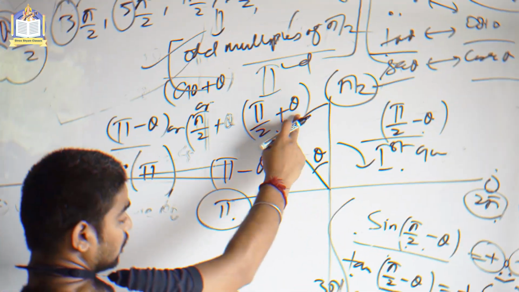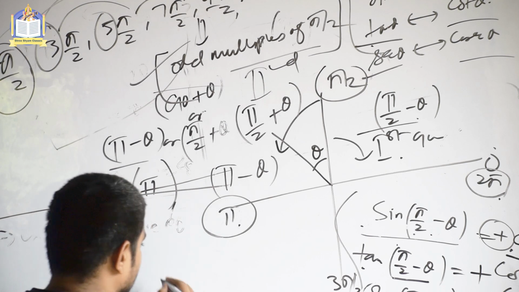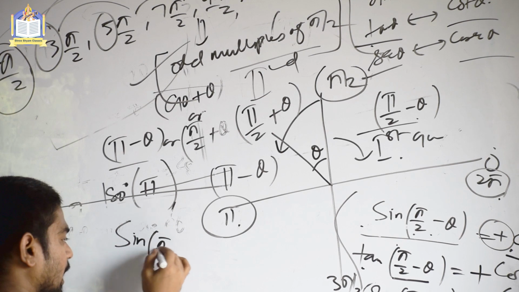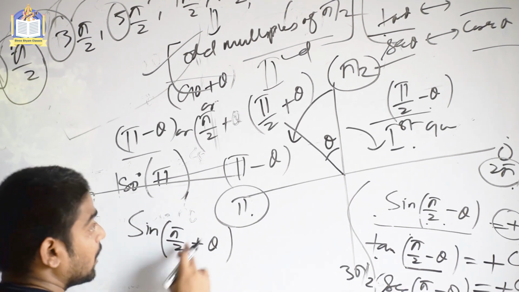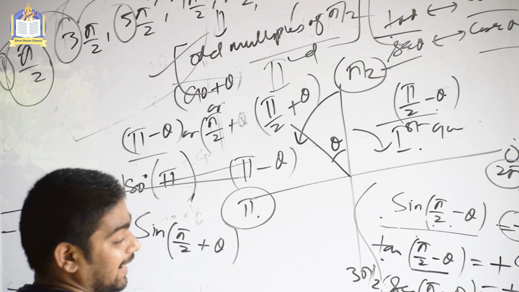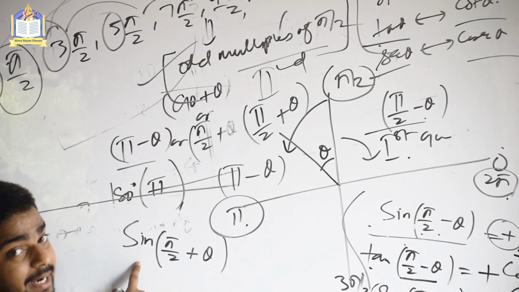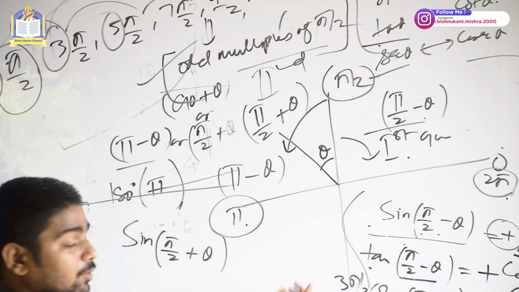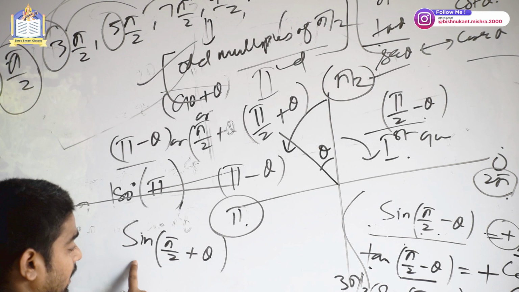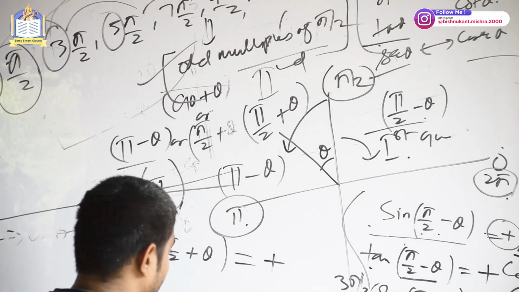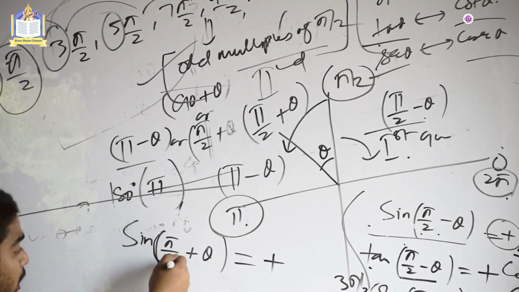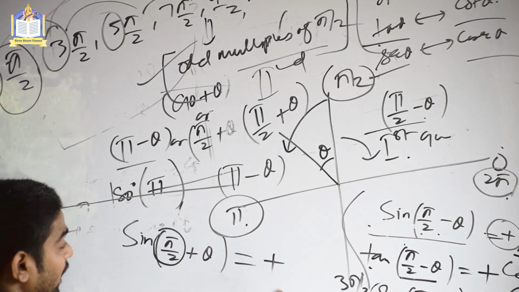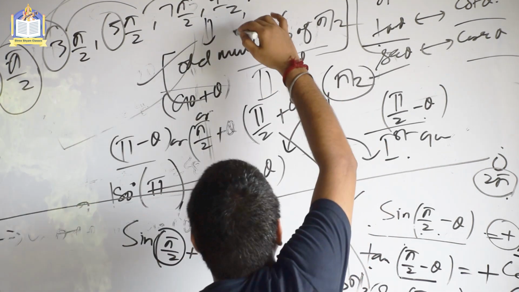Now let's talk about pi by 2 plus theta. So sin of pi by 2 plus theta. This pi by 2 plus theta is in the second quadrant, and in the second quadrant only sin theta is positive, right? So this will be positive, and because of this odd multiple of pi by 2, this sin theta will get converted into cos theta according to this principle, right?